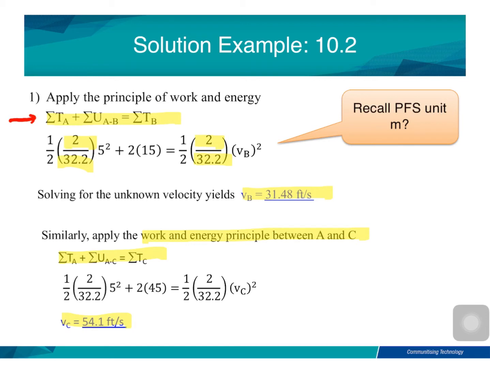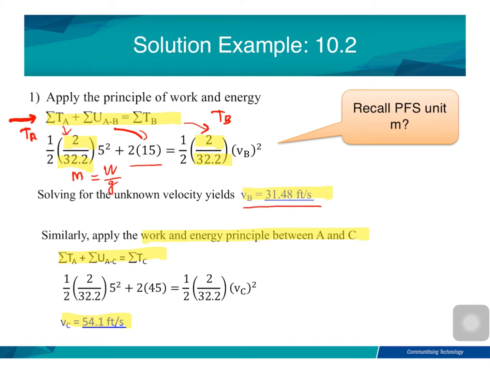So this is TA, and then this is the work done, and then this is TB. So this one is M, right? So M is the derived unit, W divided by g. Okay, so when you substitute everything here, then you can solve for the velocity.